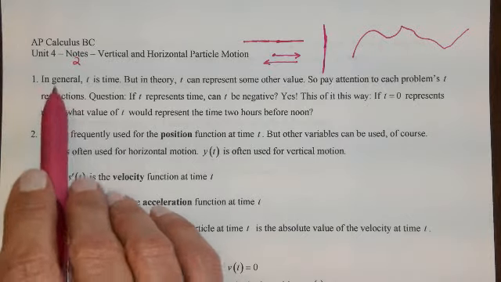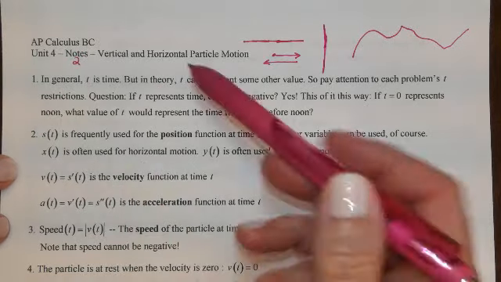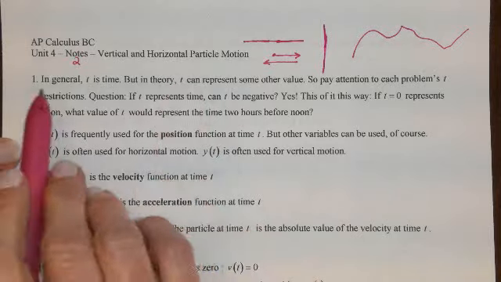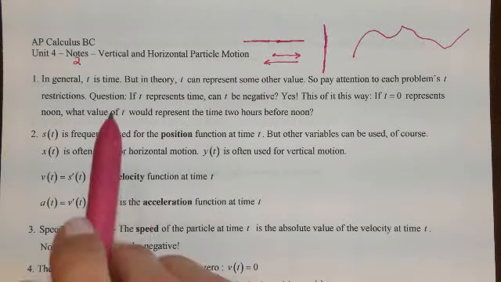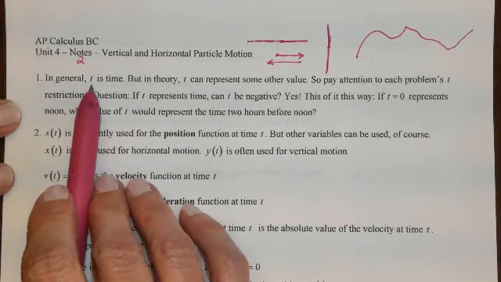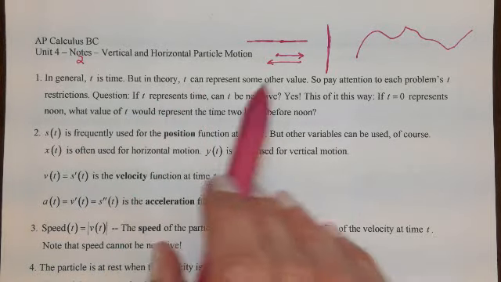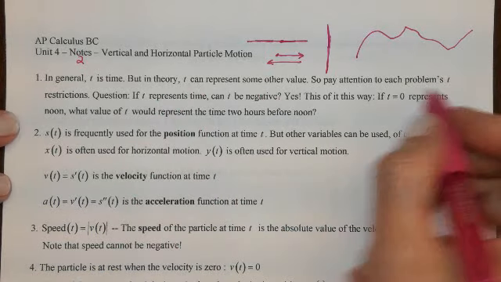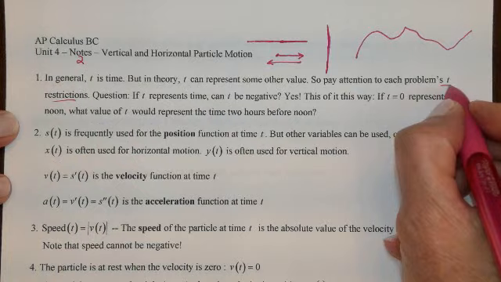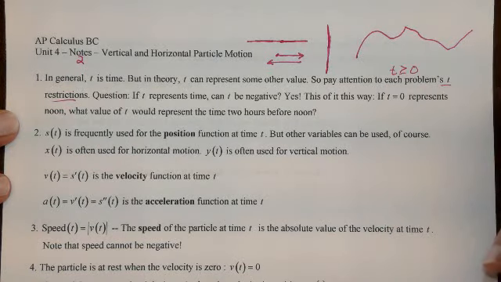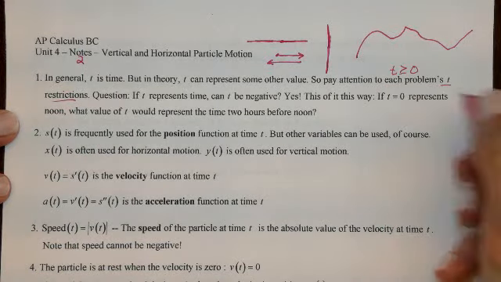So on this first page of notes, we're just going over some definition of terms, or some concepts. So in general, t is time. But in theory, t can represent some other values, so we're going to always pay attention to any kind of restrictions that they have placed on t. A lot of times they'll say t is greater than or equal to 0, if it is representing time.